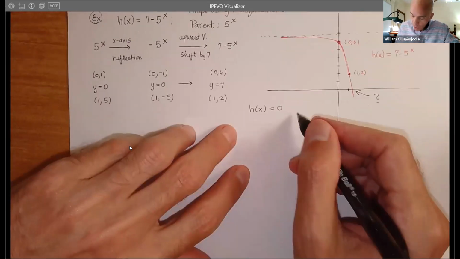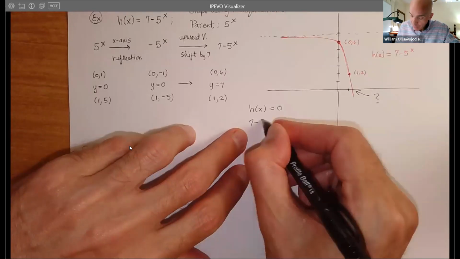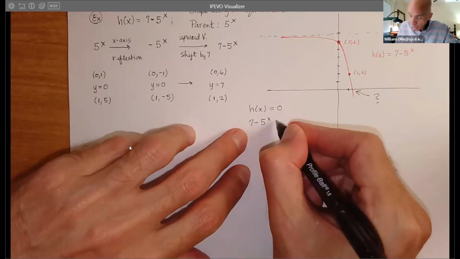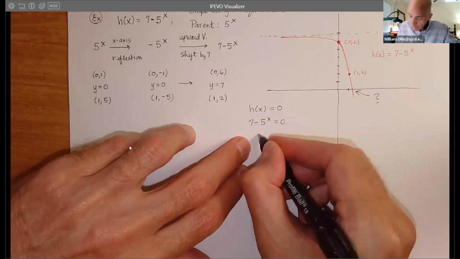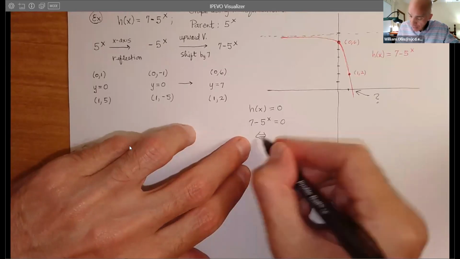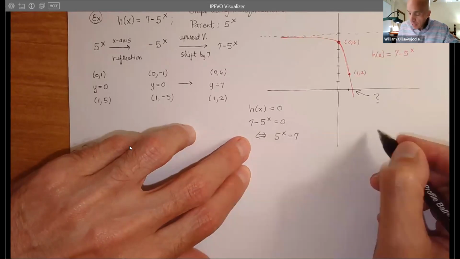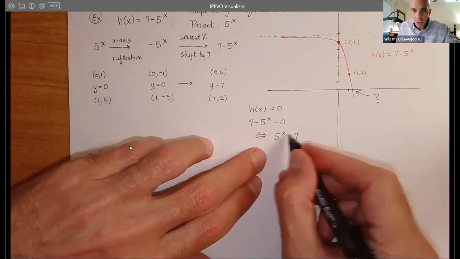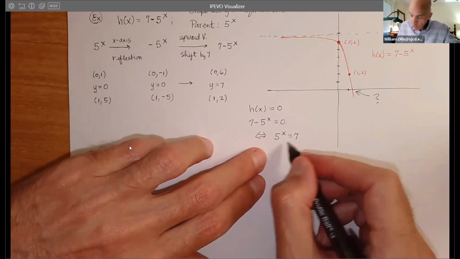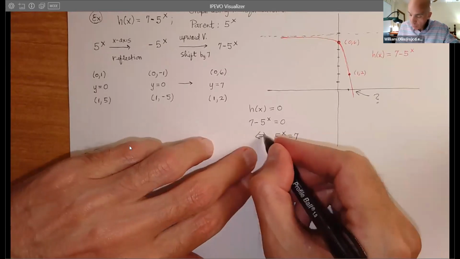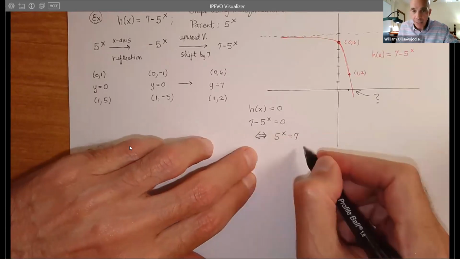So that would mean what? 7 minus 5 to the x equals 0. So equivalently, we have 5 to the x equals 7. And then, of course, we're thinking, we'll talk about this in a few minutes. We'll say, okay, what's the logarithm? It's a power of the base.